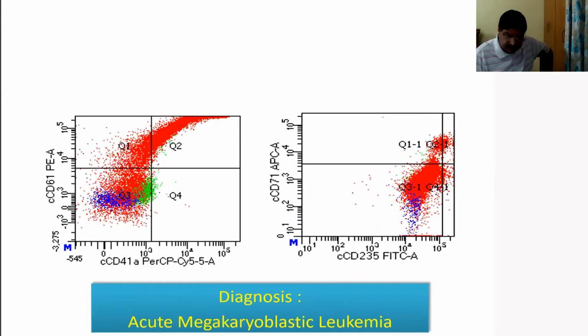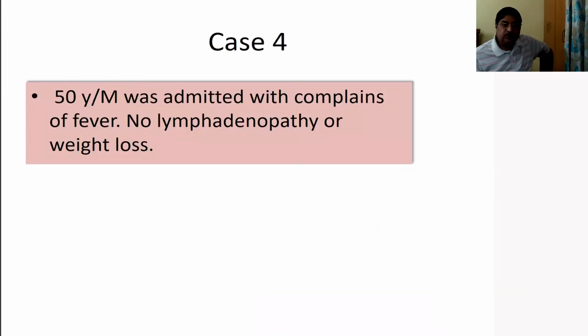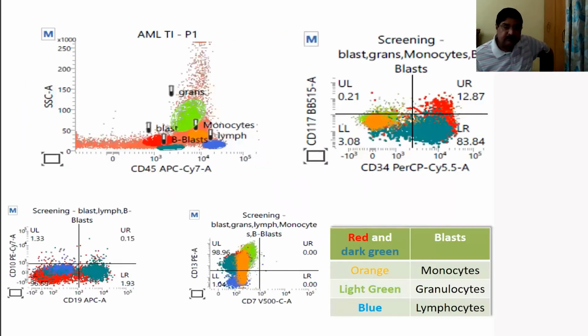Next. So in this 50-year-old male who was admitted with complaints of fever, no lymphadenopathy or weight loss. Next. I'm just showing you the flow cytometry because that's important. So here you can find that there are a group of cells, the small, deep green color cells, which are positive for CD34, the lower right quadrant, and they are positive for CD19, and they are positive for variably CD13.